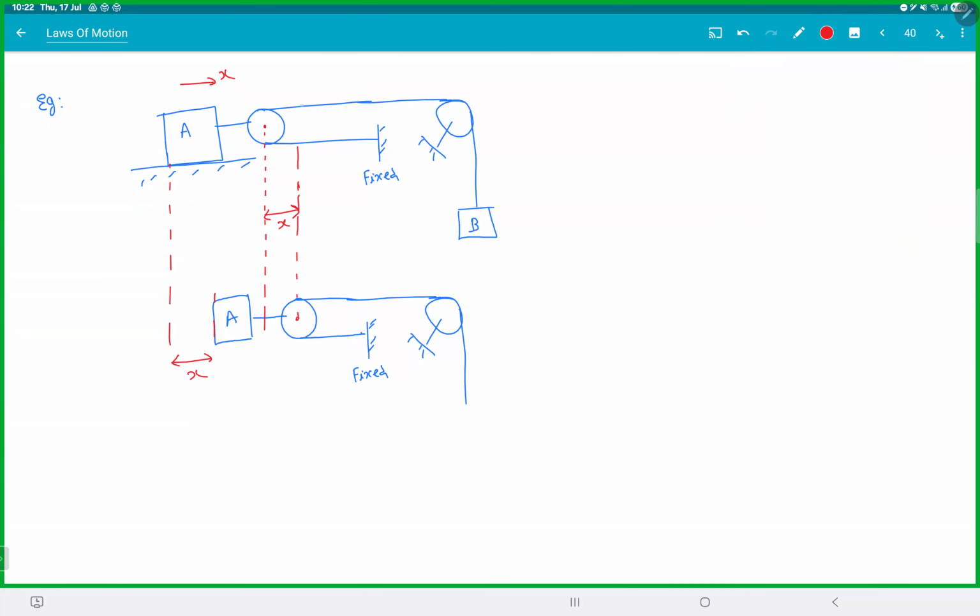So if that is X, what is happening to all this string here? If you look at this shaded part, this also will be X and this also will be X. What will happen to all the shaded part of the string? It becomes loose, isn't it?